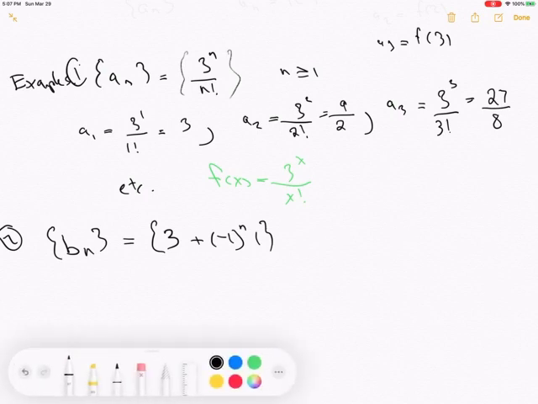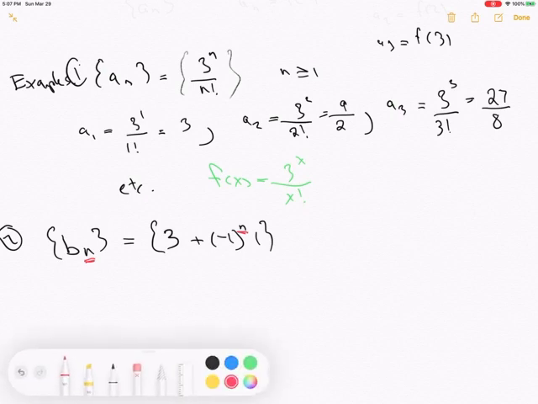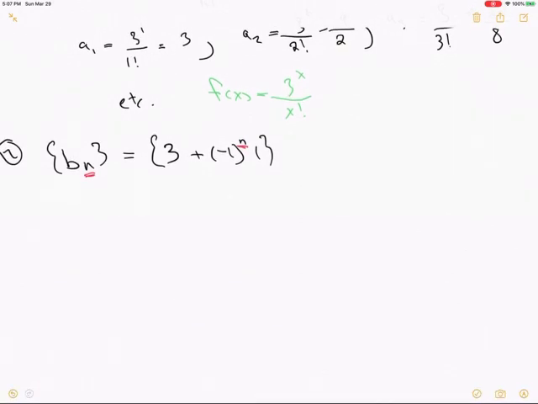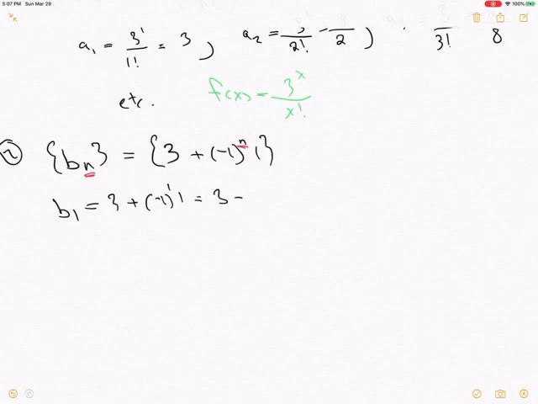Again, what determines the thing in position n is given by wherever n manifests itself on the right-hand side. So here, b1 is equal to 3 plus negative 1 to the 1 times 1. That's 3 minus 1, since negative 1 to the 1 is just negative 1. So that's equal to 2.